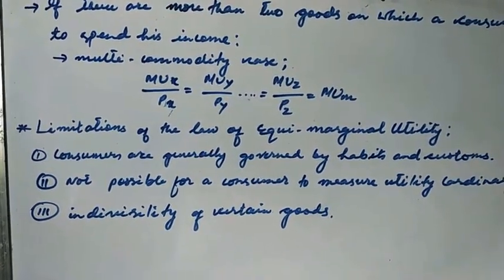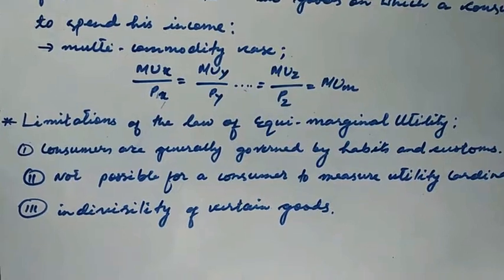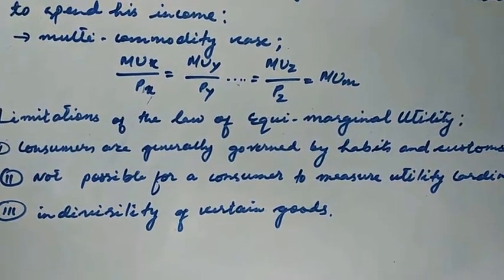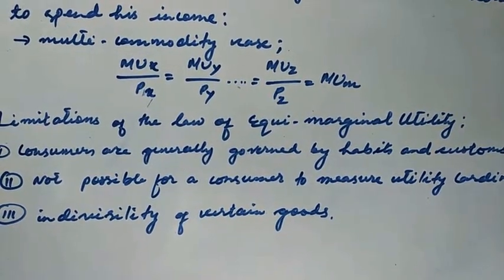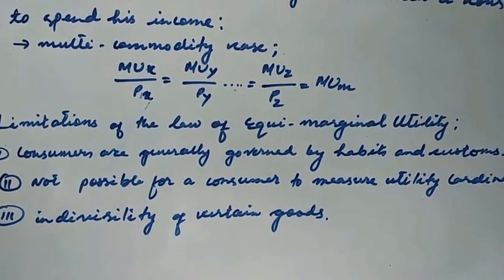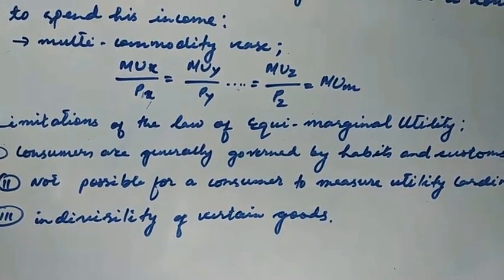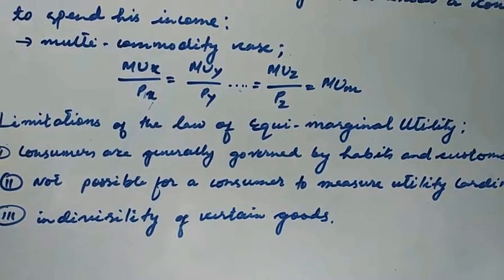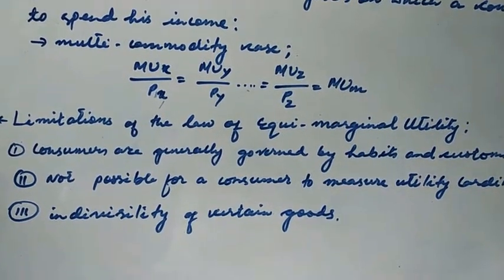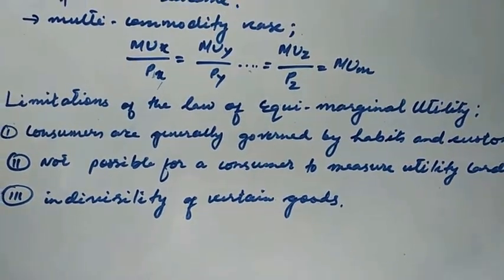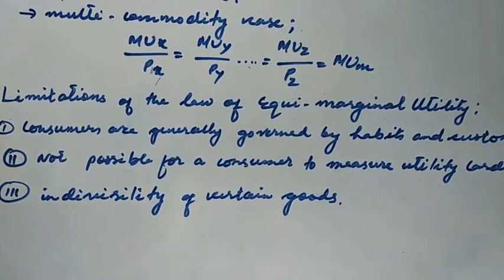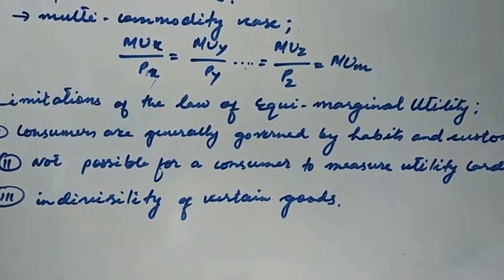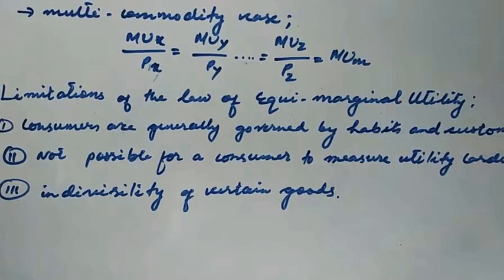And the last limitation is indivisibility of certain goods. Another limitation of the law of equi-marginal utility is found in the case of indivisibility of certain goods. Goods are often available in large indivisible units, so it is not possible to equate the marginal utility of money spent on them.